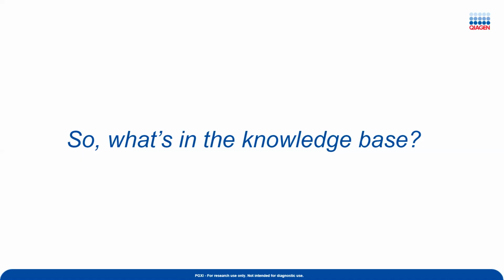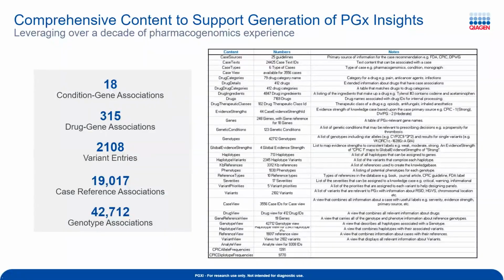So what exactly is in the PGXI knowledge base? The PGXI knowledge base leverages over a decade of expertly curated pharmacogenomic content. It supports 18 condition to gene associations, over 300 drug gene associations, around 2,100 PGX gene variant entries, around 19,000 case reference associations, and nearly 43,000 PGX gene genotype associations.